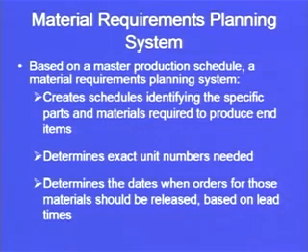Already I have explained that if we require a particular component on a certain date and we know the lead time for that component, we should be able to place an order by such and such date depending upon the lead time. So basically the master production schedule is an input parameter, and on the basis of this input we will be able to generate these three important pieces of information.